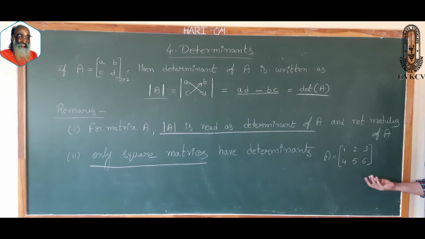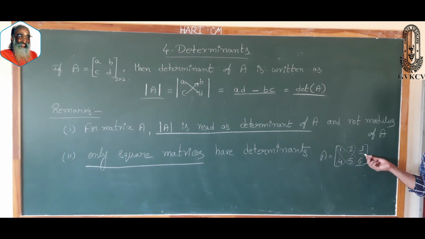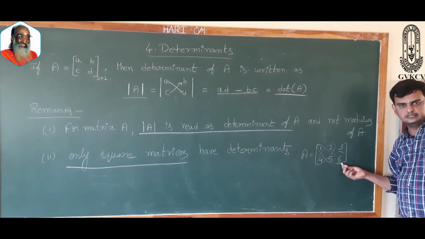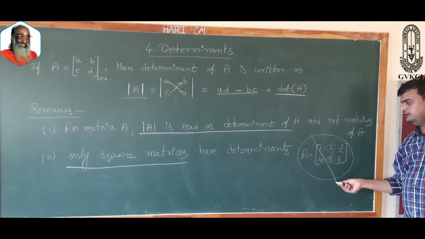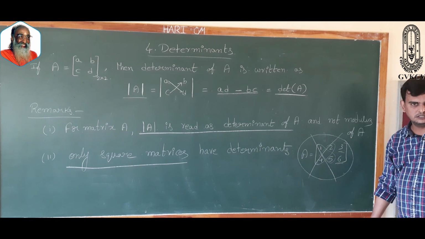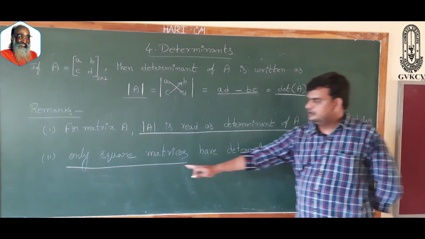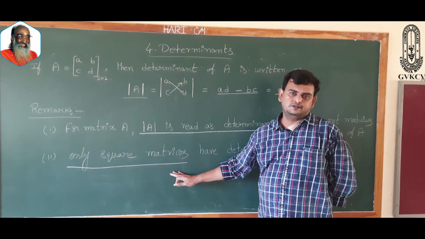Here we don't have a diagonal. When we consider the diagonal, these two elements will come. Then what about this element? We are missing elements. So the determinant is not at all applicable to rectangular matrices. It is applicable only to square matrices.